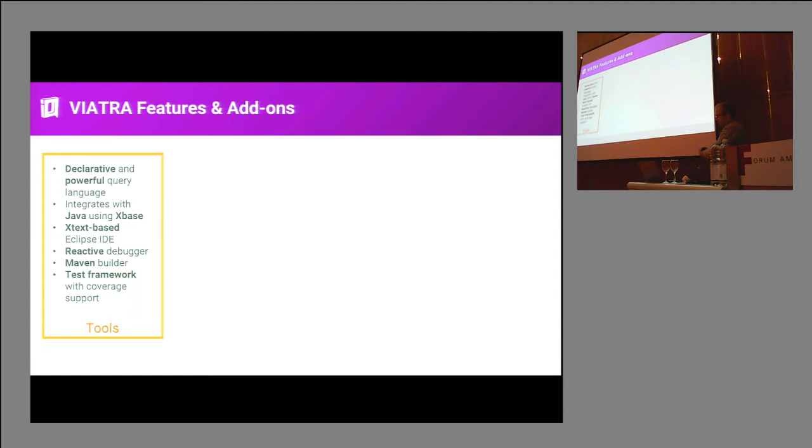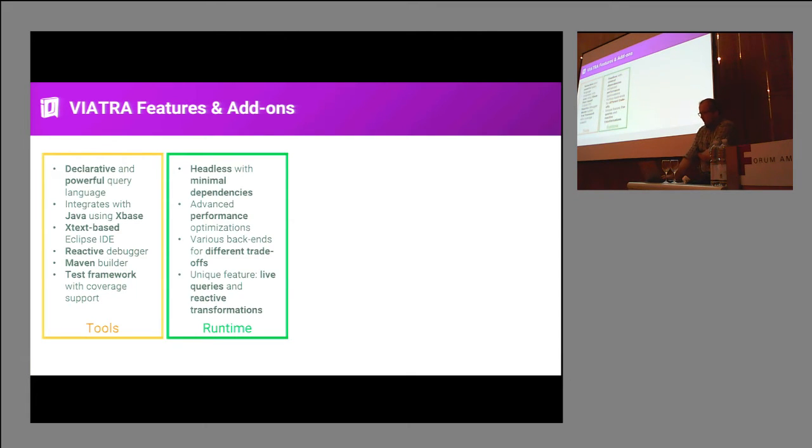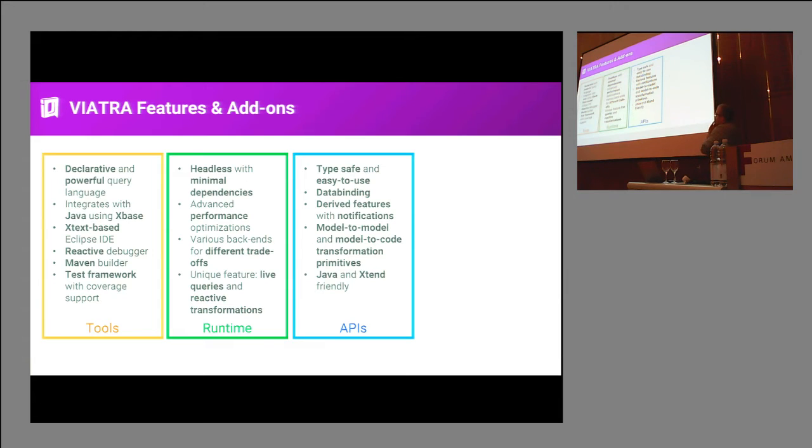Finally, just to overview the major features of VIATRA very quickly. Other than the query language and the Xtext-based editor, we also have a debugger and Maven tools for automatically building code, and also a test framework with coverage analysis support, which was necessary for commercial tool engineering. About the runtime, I already talked a lot. Regarding APIs, there are a lot of easy ways to integrate your own tool with this framework.